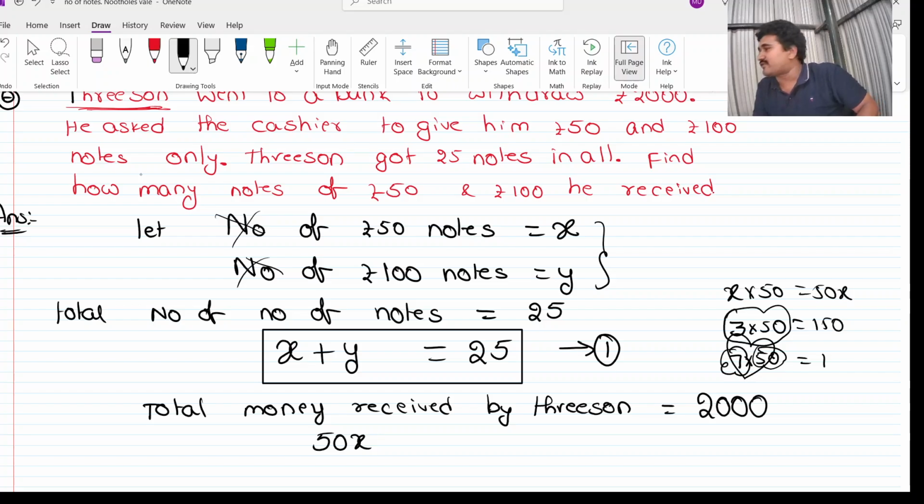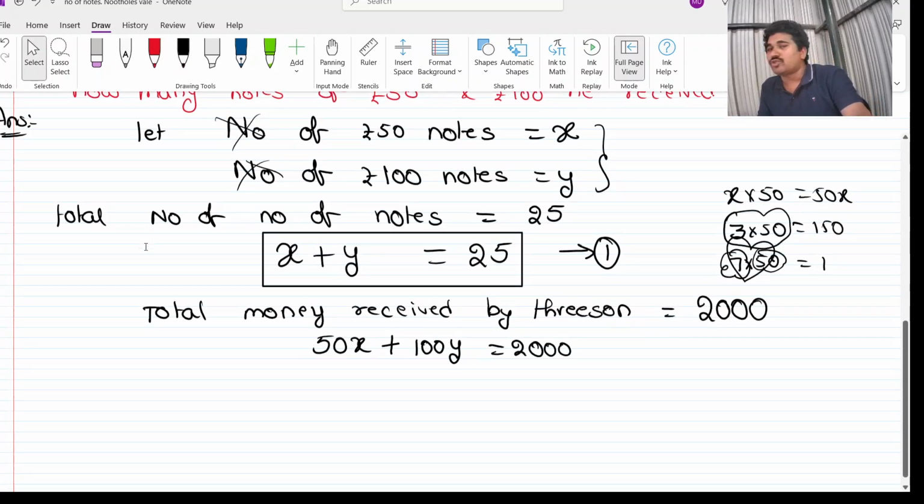Clear for everybody? Plus 100 rupee notes also came, right? So 100 into Y notes, 100Y, equal to total 2000. This is your second equation.